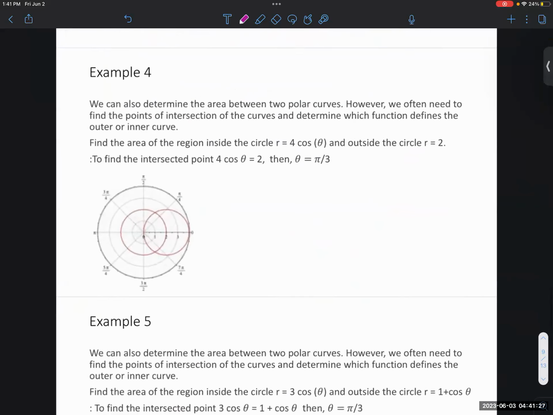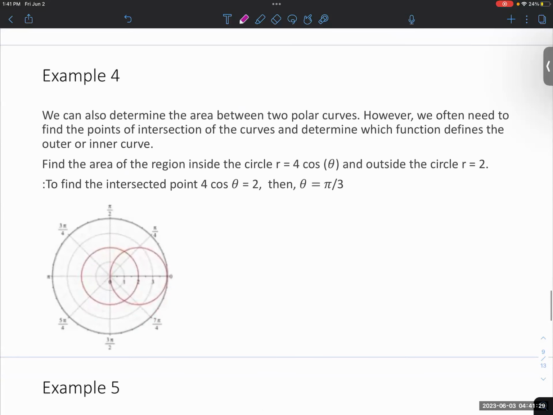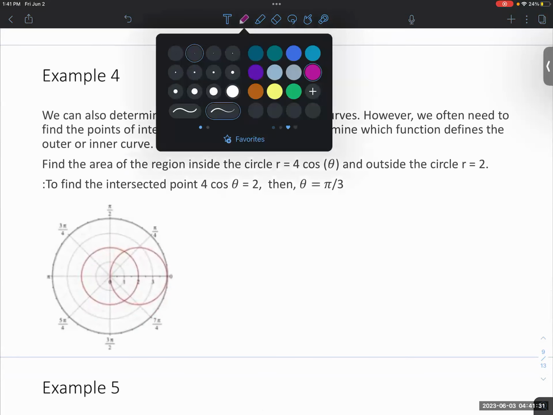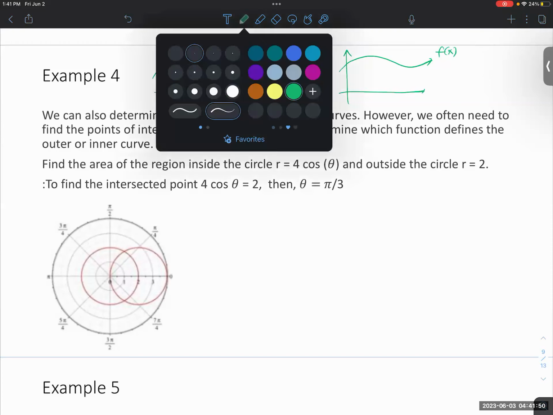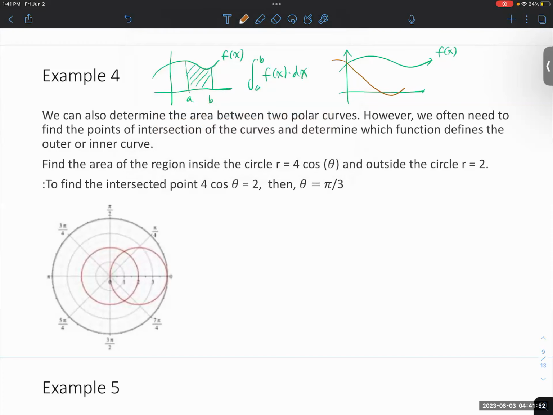Example 4. So a little bit of background. In calculus 2, do you remember? Let's say you have one function, and you're looking for the area between A and B. Everybody knows you're going to take the integral of the f function. But what if I have two functions? I have f, and let's say another function, g.